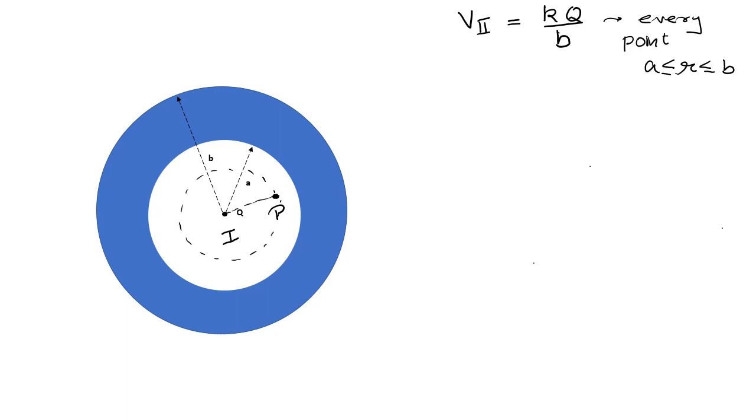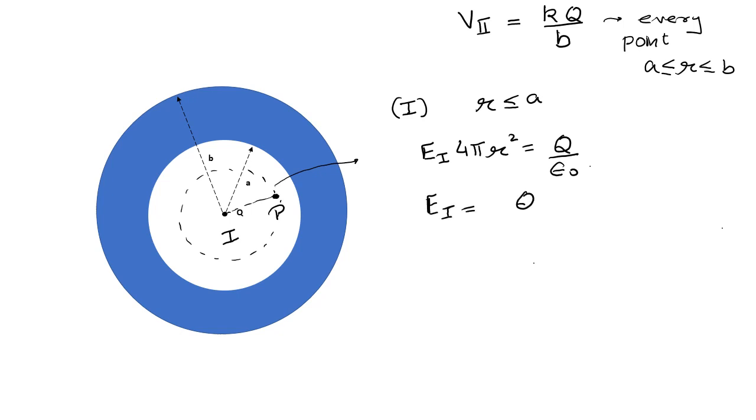We can calculate that using Gauss law on this closed surface. We can basically write E1 4 pi r square is Q enclosed, which is simply Q divided by epsilon naught, and thus E1 is Q by 4 pi epsilon naught r square.